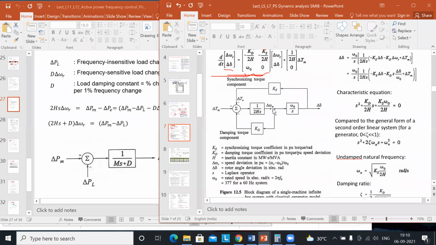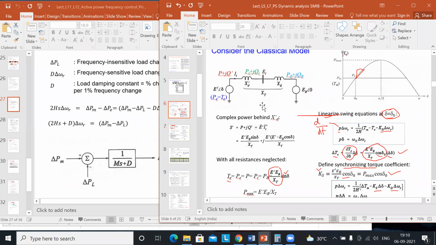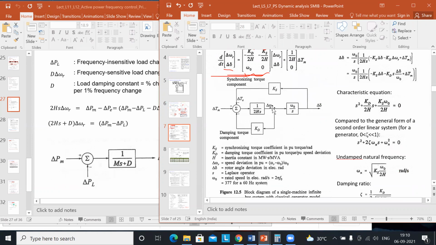Because this is 1 by 2Hs, we have written it in the feedback here, because this is Kd times del omega. If you look at the previous, Kd times del omega, and then divided by 2H. So it is multiplied and then fed back here.